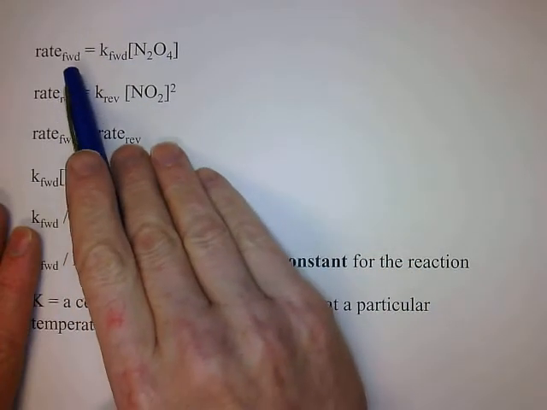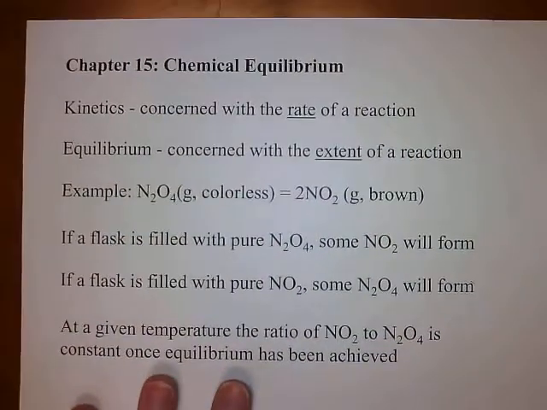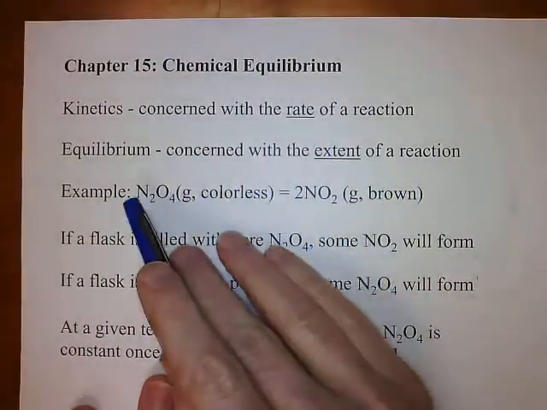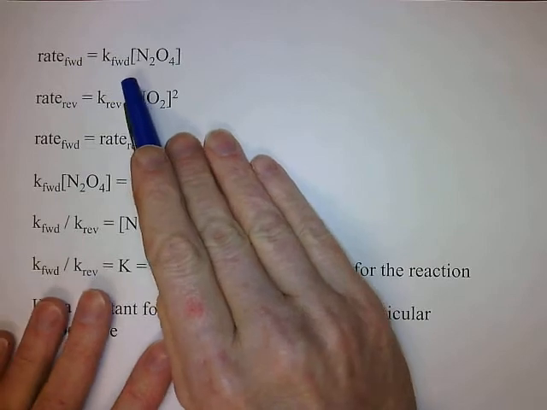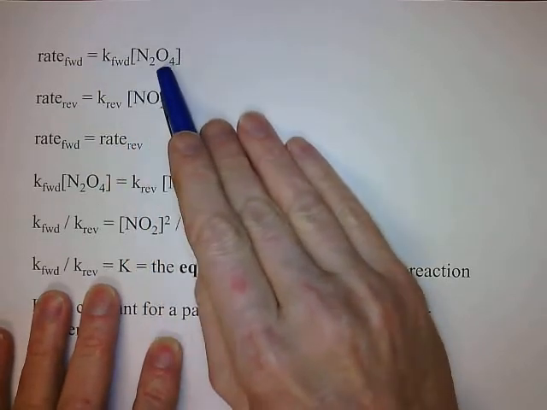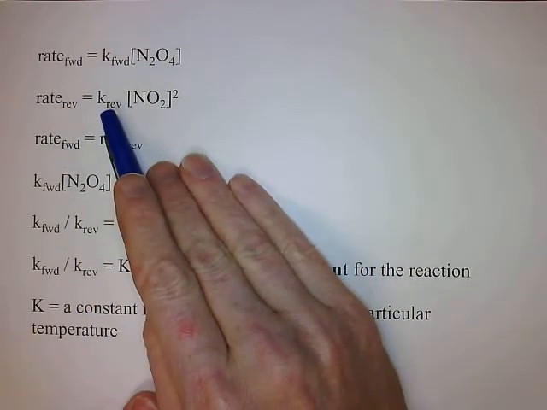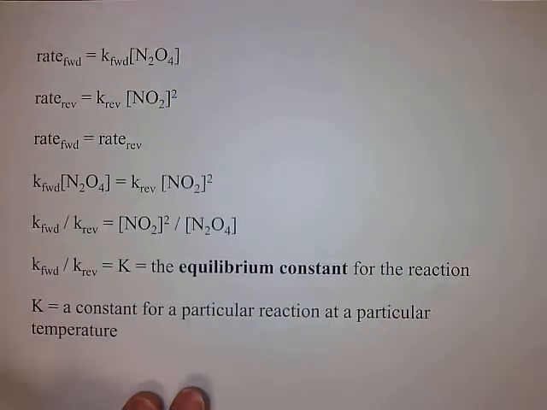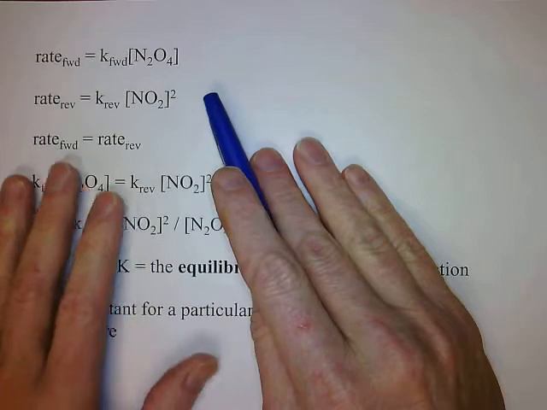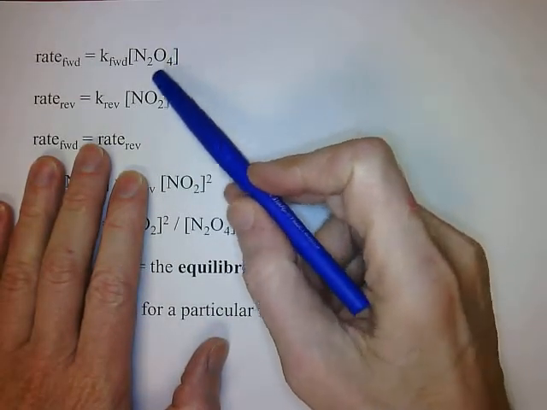The rate of the forward reaction, the conversion of N2O4 into NO2, will be some rate constant times the concentration of N2O4, and the rate of the reverse reaction will be some constant times the concentration of NO2 squared.